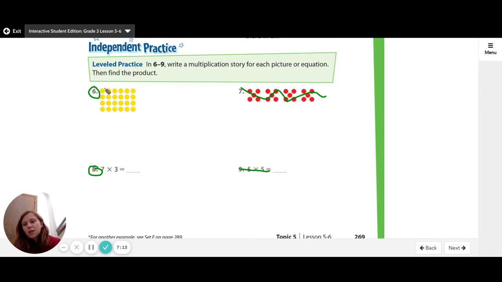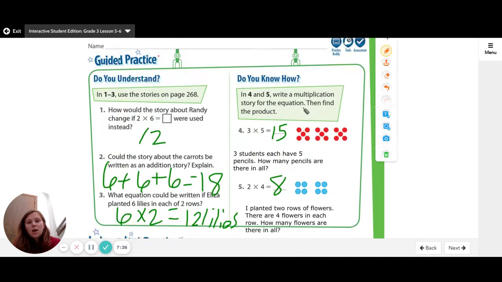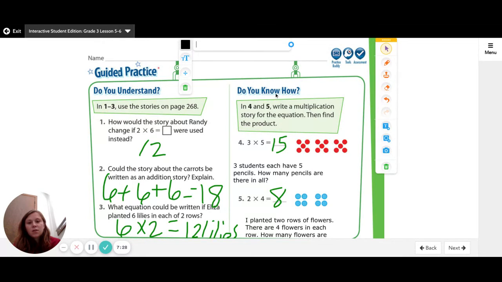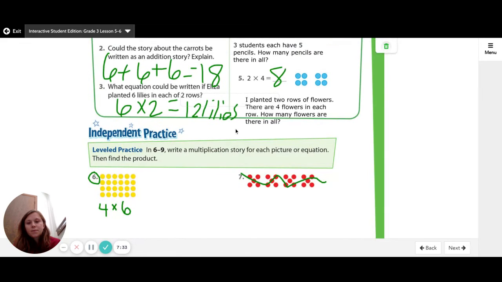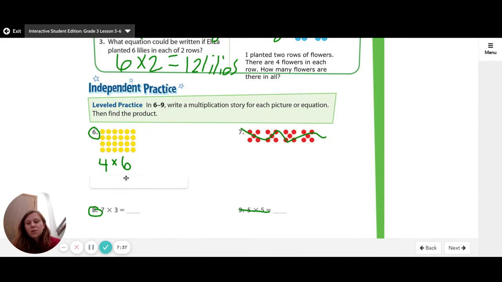So 6, I notice I have 1, 2, 3, 4 rows. And then there are 1, 2, 3, 4, 5, 6 in each row. So I know with my multiplication story, I'm going to be trying to solve this for this equation. So I'm thinking about 4 times 6. So something in rows.